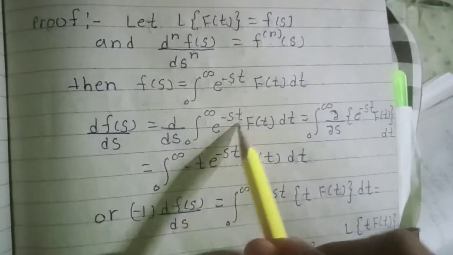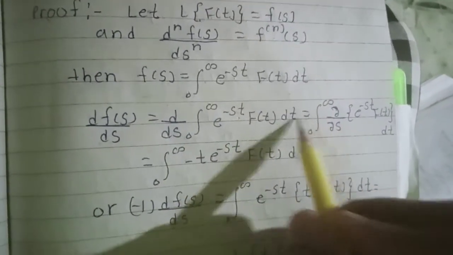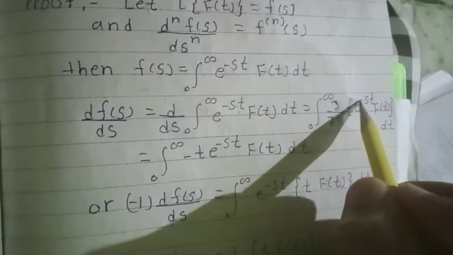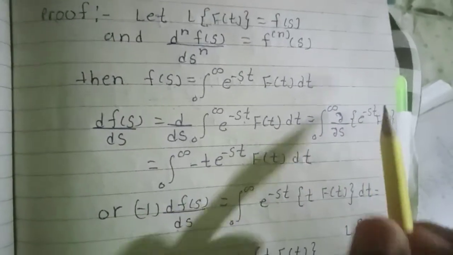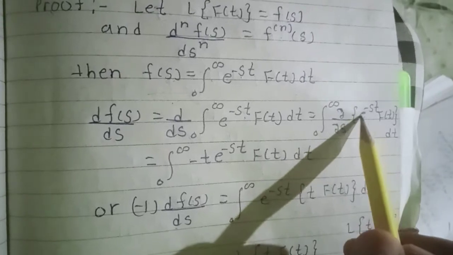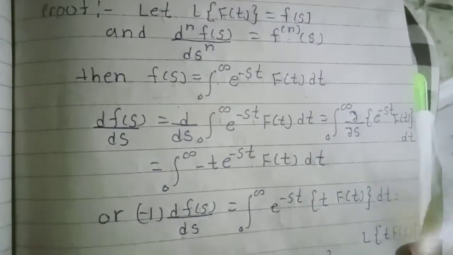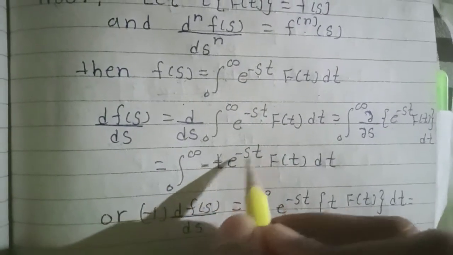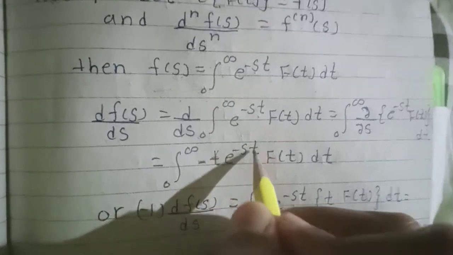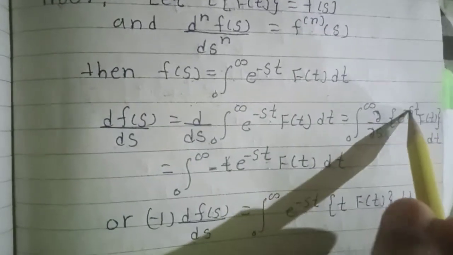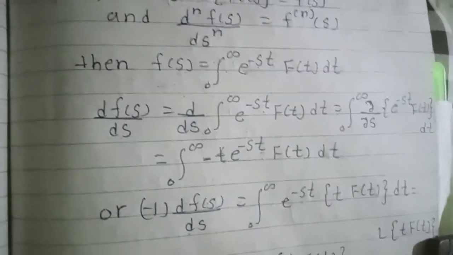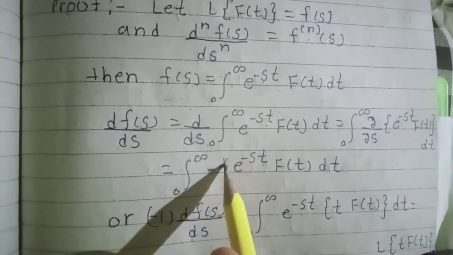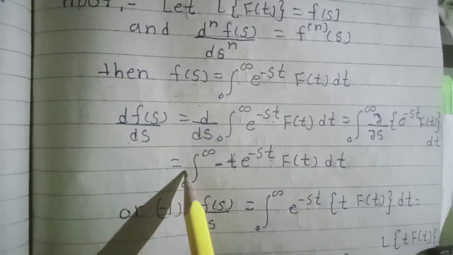Take this derivative under the integration. So this is equal to the integration from 0 to infinity of dou by dou s of e raised to minus st f of t dt. So take the derivative of e raised to minus st. The derivative is minus t e raised to minus st. Here minus t is a constant, so put it outside the integral.